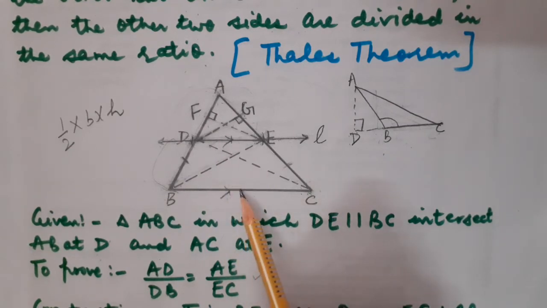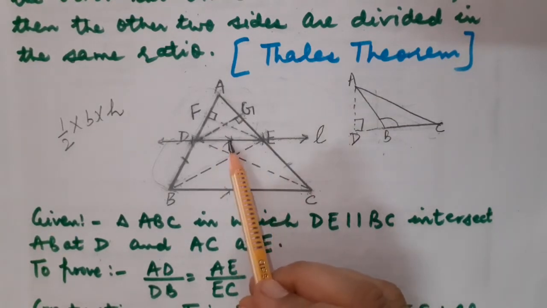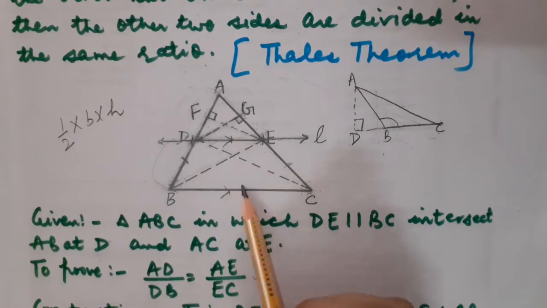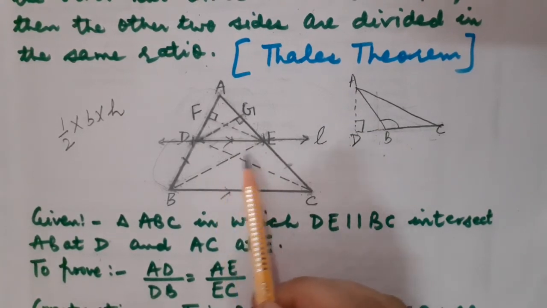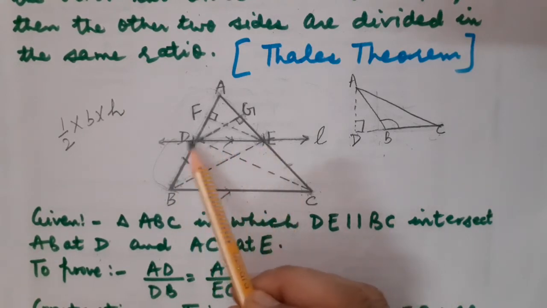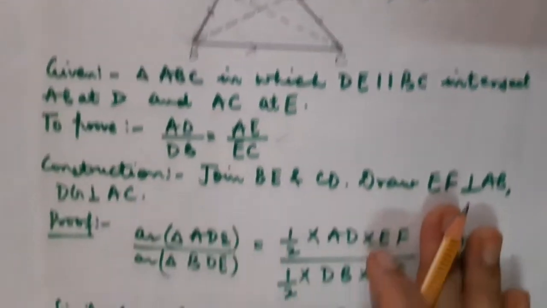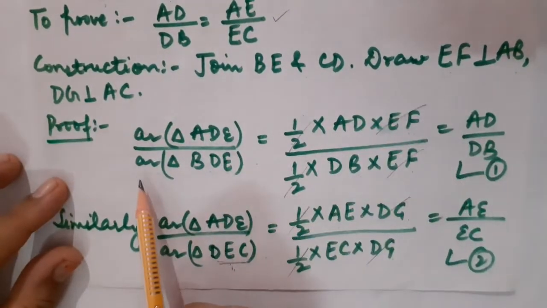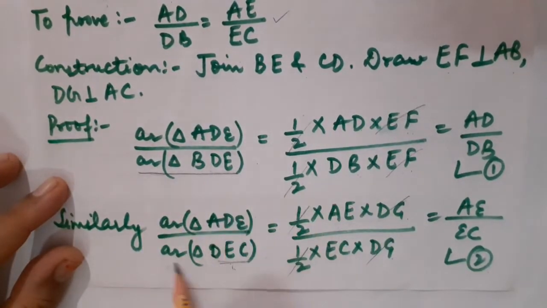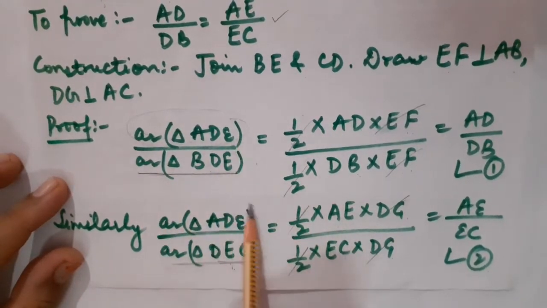So you learnt a theorem in class 9th, that if two triangles are on the same base and between the same two parallels, then their areas are always equal. So can I say that the area of triangle BDE and the area of triangle DEC will be the same? Just look here. The area of triangle BDE and the area of triangle DEC are the same. And what about the area of ADE and ADE?